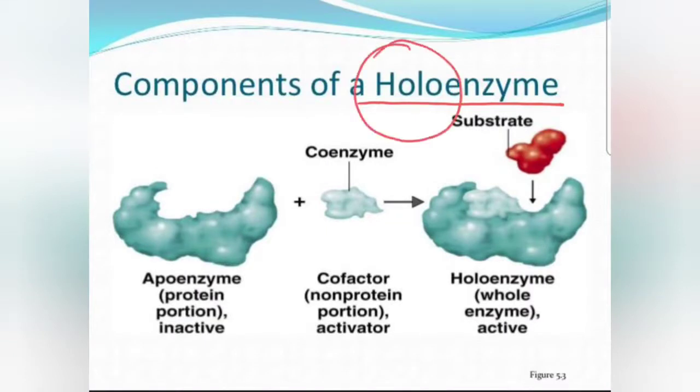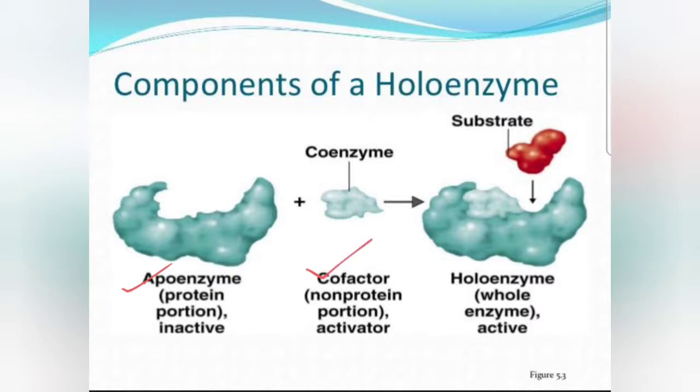The word holo means full or complete. So a complete enzyme is known as a holoenzyme. Now what are the main components of an enzyme? It mainly consists of two parts. The first one is known as the apoenzyme and the second one is known as the cofactor.